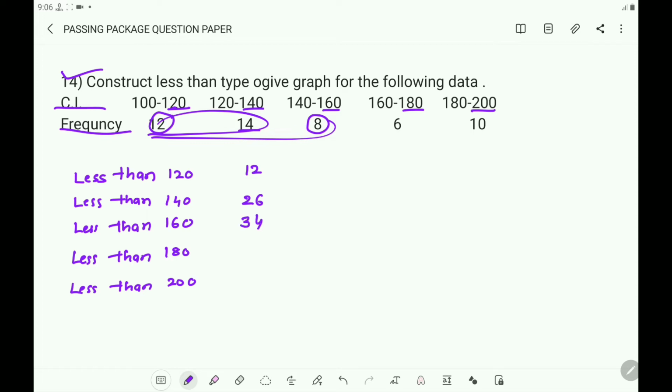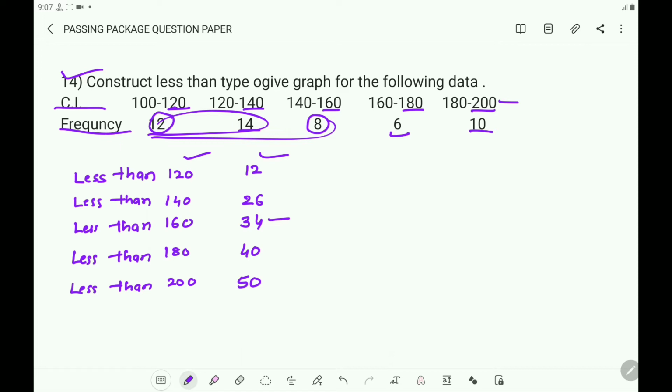Then for less than 180, again we add 6 to this 34. That is 34 plus 6 is 40. Again 40 plus 10 for less than 200. 40 plus 10 is 50.